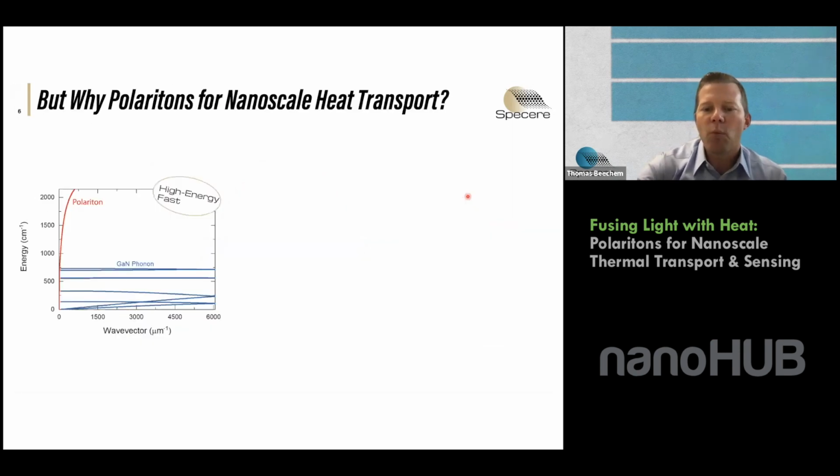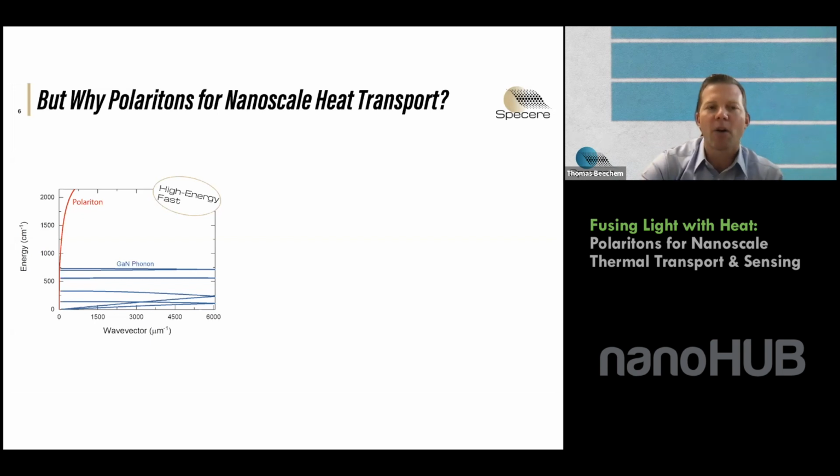So I want to explain why I think there's this opportunity. And the way that I want to do that is really to explain some fundamental advantages that phonon polaritons have over just typical phonons when we think about nanoscale thermal transport. So the first thing we can think about is that polaritons have dispersions that are very, very different than phonons.